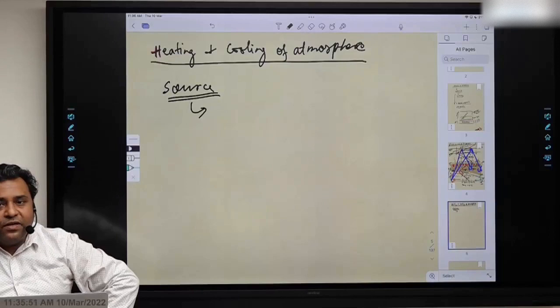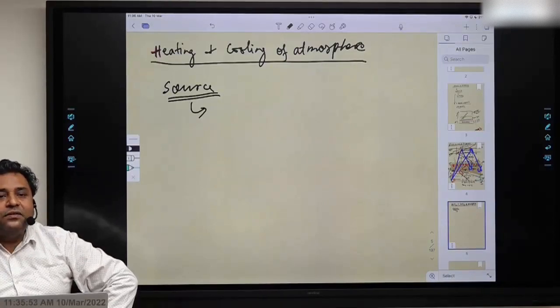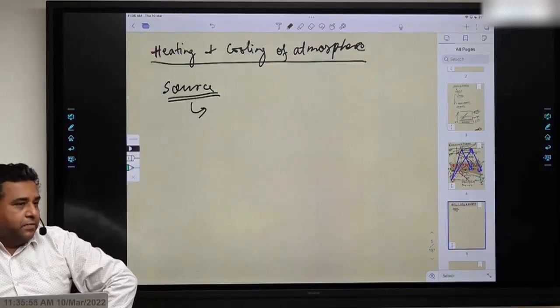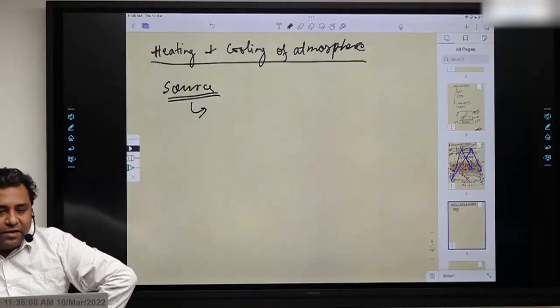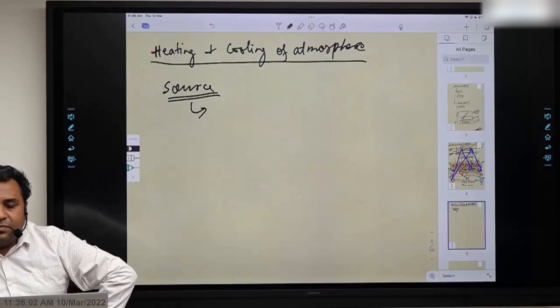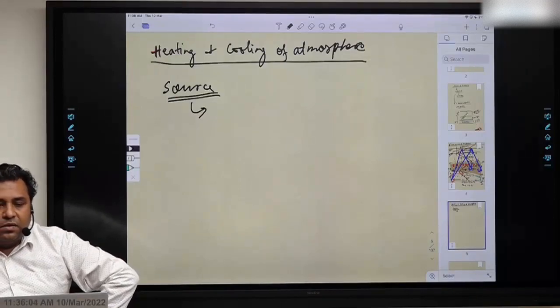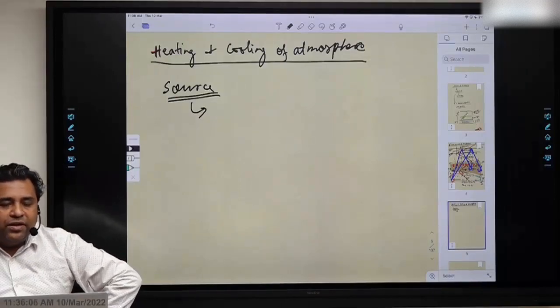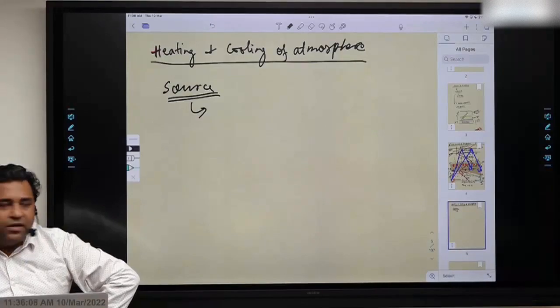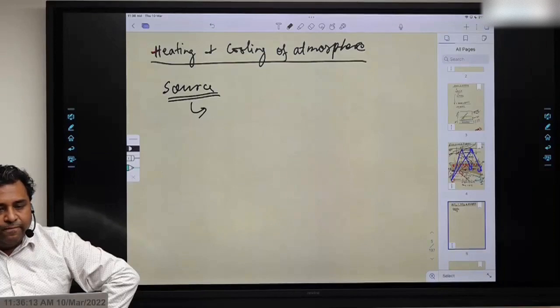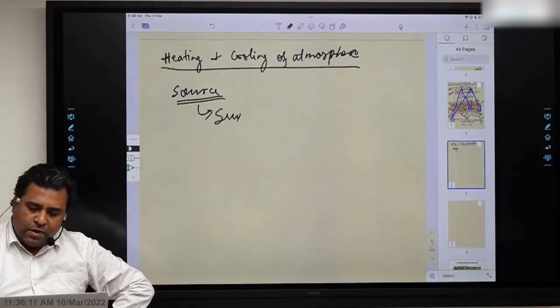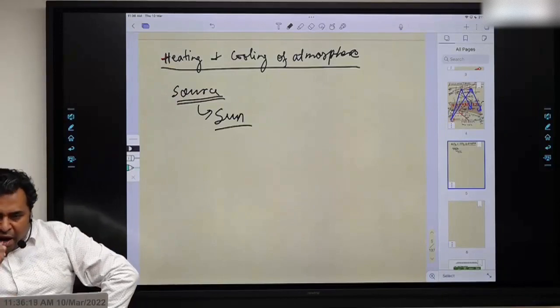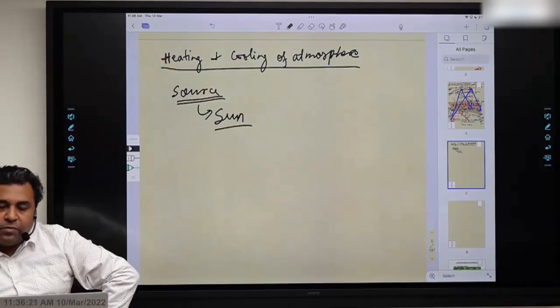Okay. So almost all the heat to the atmosphere comes from the sun. Some comes from the earth also, but that is negligible. This has to be written. Okay. So almost all this heat comes from the sun, though a negligible amount comes even from the Earth's interior.